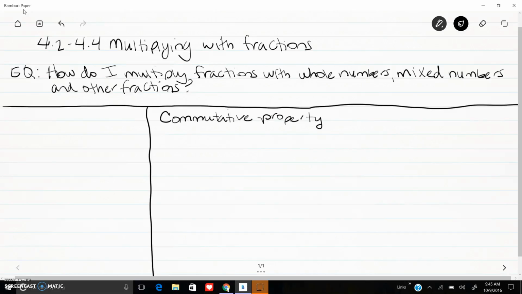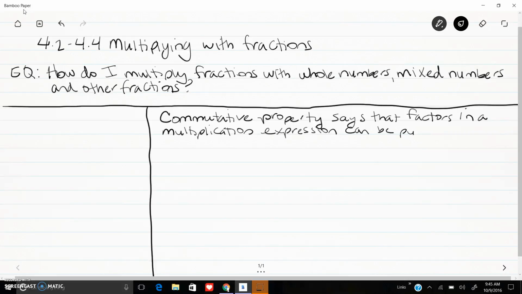So commutative property says that factors, those are what's being multiplied by each other, in a multiplication sentence or expression, can be put in any order.